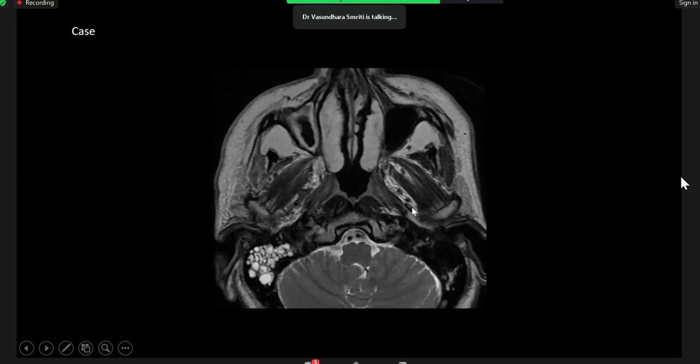This auriculotemporal will travel posterolaterally and will encase this condyle like this. So look for any abnormal enhancement in this direction and you will get your auriculotemporal nerve. This is a thickened auriculotemporal nerve on the right hand side. Okay.